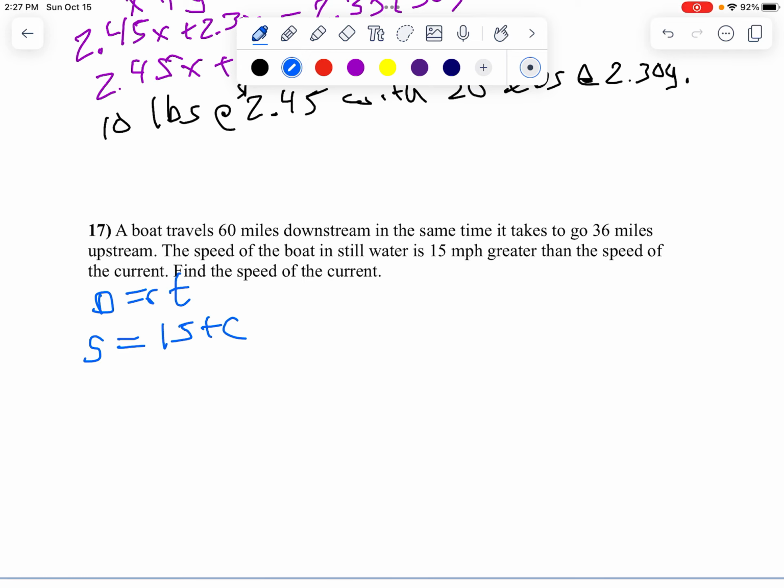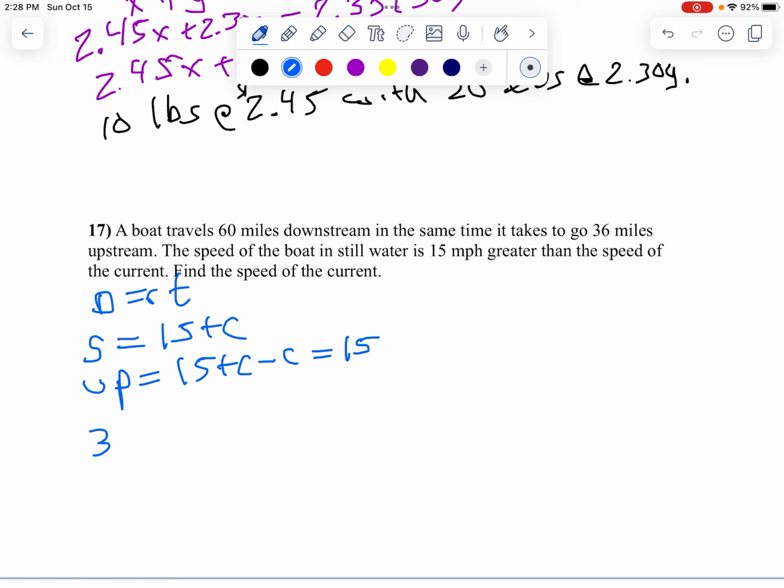Now, to find the speed, let's go upstream. When you're going upstream, that'll be the speed in still water, 15 plus C, minus the current. In other words, they told us the speed going upstream is 15 miles per hour. And we know when we're going upstream, we can go 36 miles.